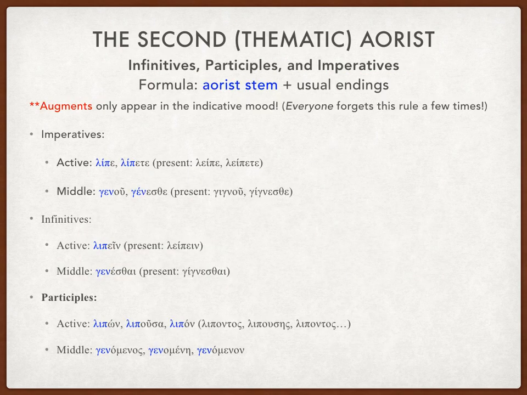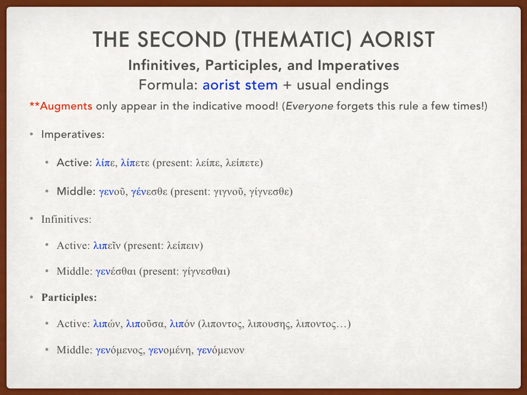Now, that's how you form your finite endings, how I say "I went" or "I became" or "I left" or "he left," etc. When we look at the infinitives, the participles, and the imperatives, which will also appear in the aorist tense, your only formula here is that you want to use the new aorist stem, this is only true of the second aorist, plus the usual endings you've already learned.